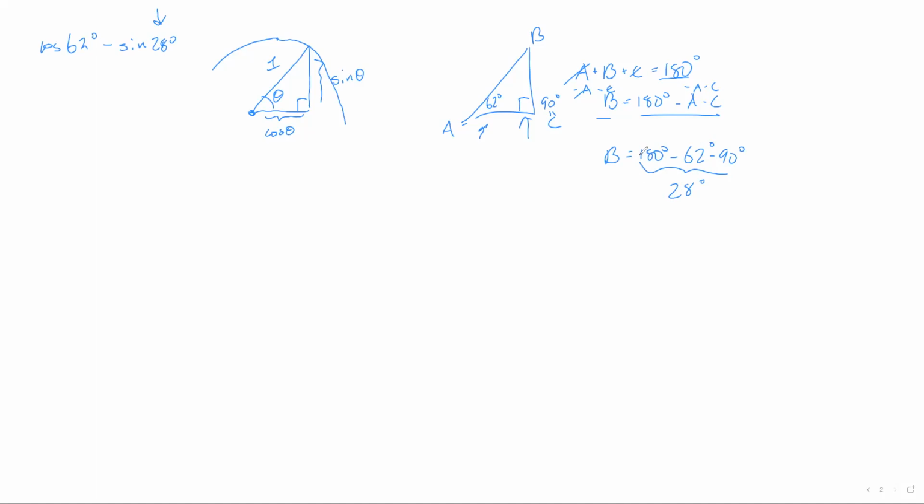So yeah, let's go through that. We can just double check that's true. So it should be that 62 plus 90 plus 28 gets us back to where we were. This is 90, and for the rest of it to be 180, this plus this should be 90, I'm pretty sure. So then you have 90 plus 90, 180.